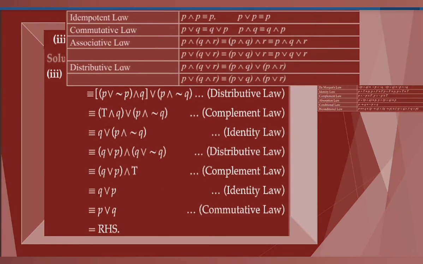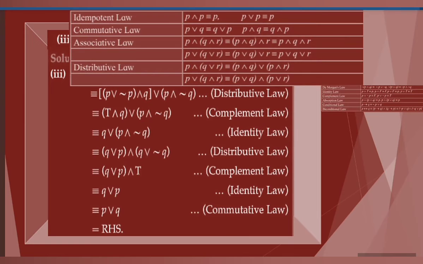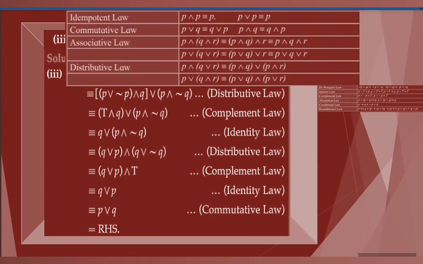Apply it in this statement. This is equal to this. Here we write Q or P, and Q or negation Q. Then again we use the complement law.